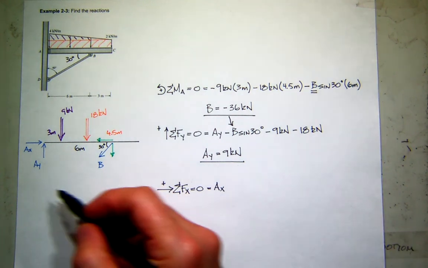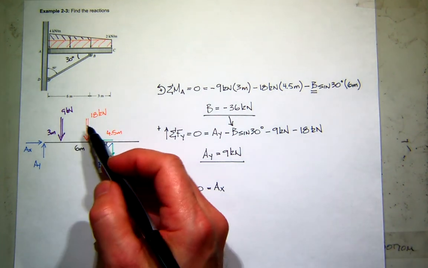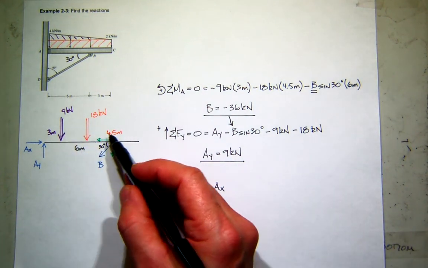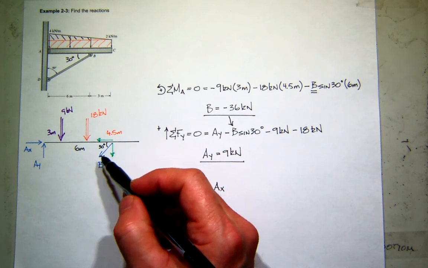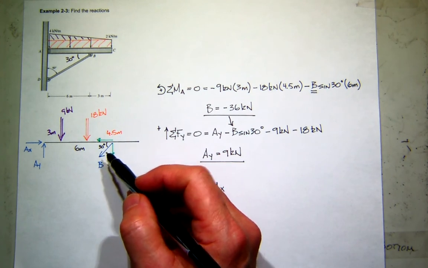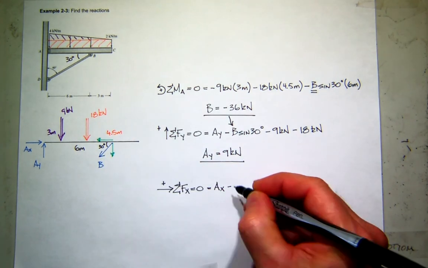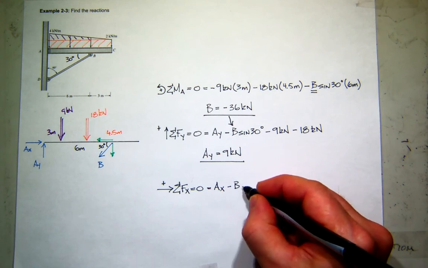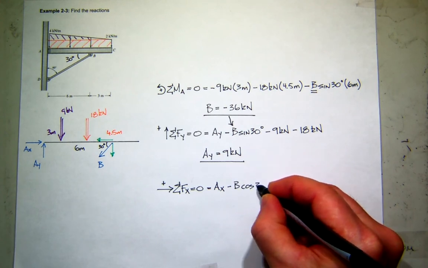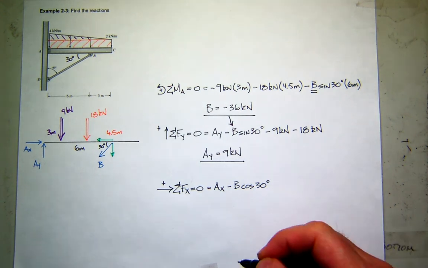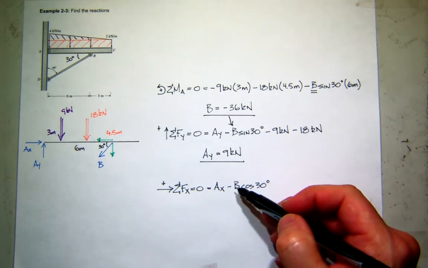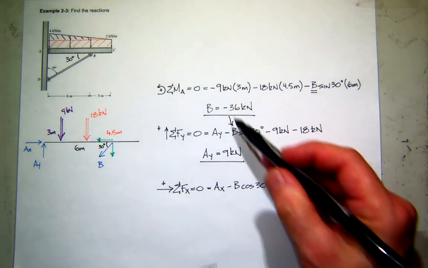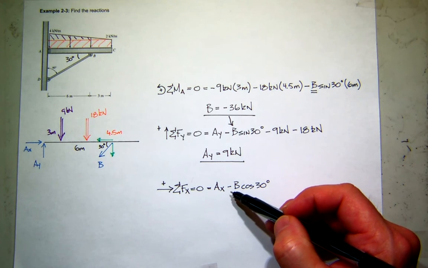What else is in the X direction? Not the applied forces, but there is an X component of B. And what direction is it in? Negative, so that's going to be minus. The X component of B is going to be B cosine 30, right? Then you can plug B in. The negative and the negative cancel and make a positive.